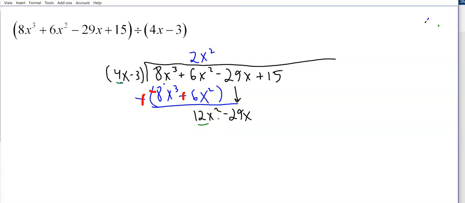Let's see, 4 times 3 is 12, x times x is x squared, so that'd be 3x, so plus 3x. I think that's positive. I put it in the x column here. So we get 12x squared, no surprise, that matches, minus 9x, okay. And subtract, don't forget to change the sign when you distribute.